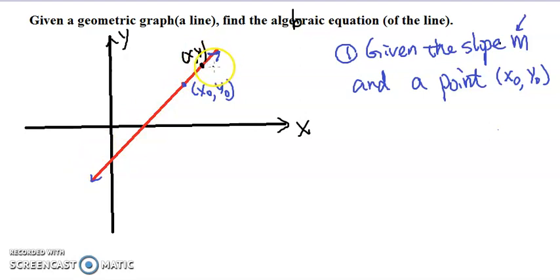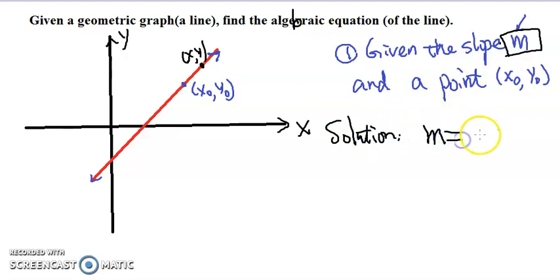So the next question is we want to set up an equation to represent this pair of solution. So the idea is because we're given the slope, we're going to use the slope formula. So if you remember, so let's write down the solution. The slope is equal to the rise over run, or you can say the change of y over change of x. And when we look at the change of y, there are two y values. One of them is y, the other is y0.